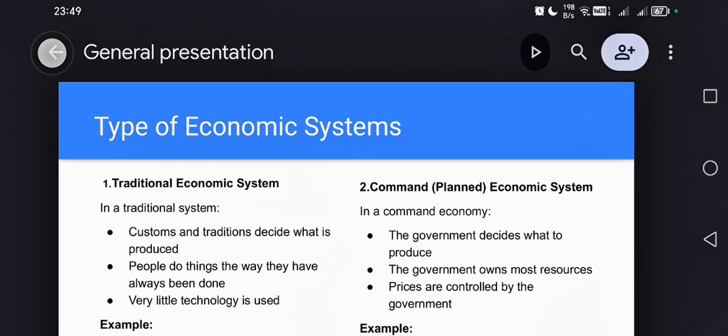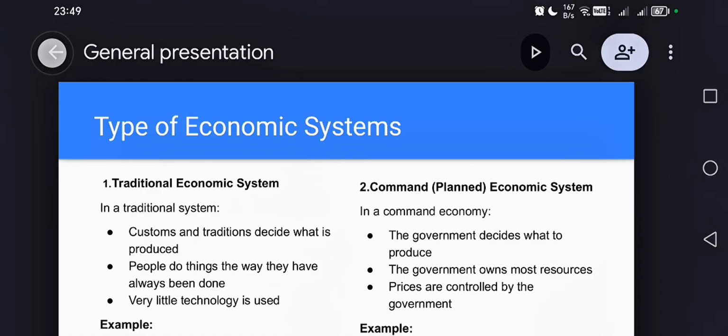Okay, so the traditional economic system is simply based on the customs, which are traditions that have been followed by their ancestors. People tend to dwell much on their cultural values.